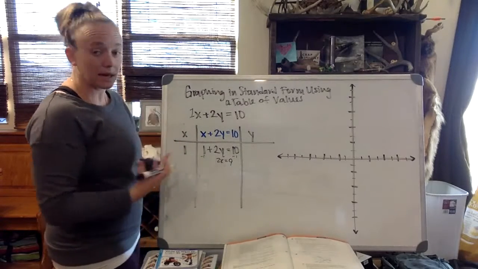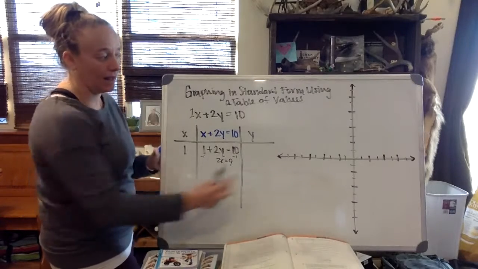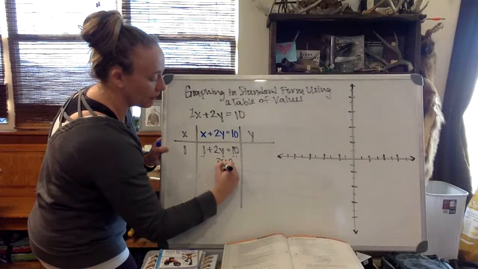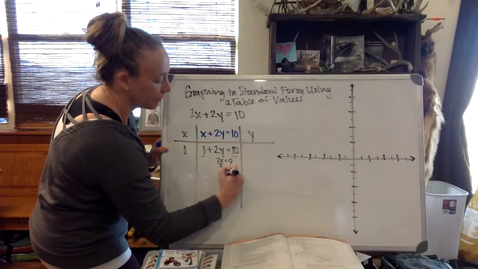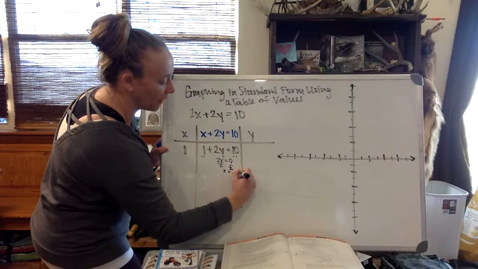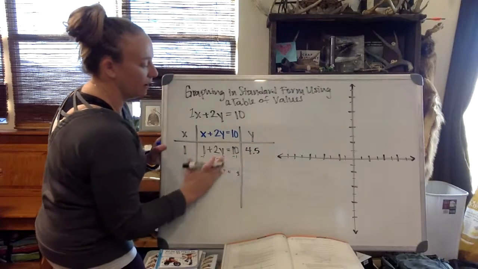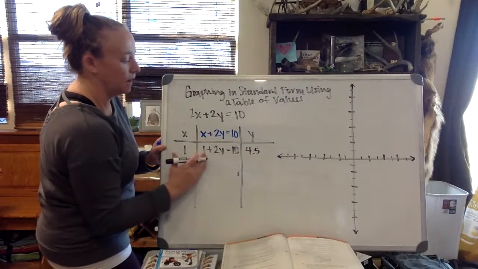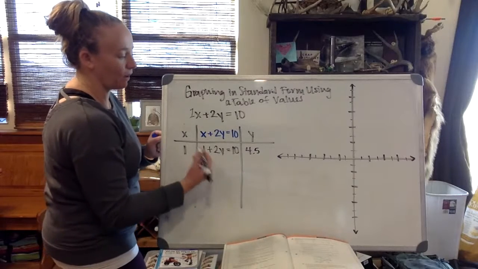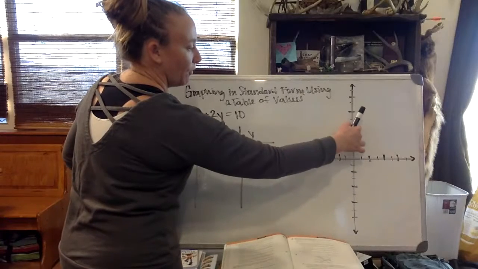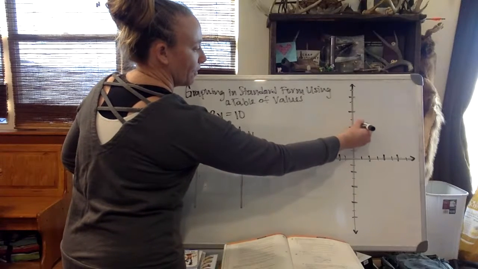And while we can handle having 4.5 for y, it's again hard to graph. So if we divide by 2 on both sides, we get y is equal to 4.5 or 9/2. So we got 4.5 out of there. And I can erase all this. And so now we have the point (1, 4.5).